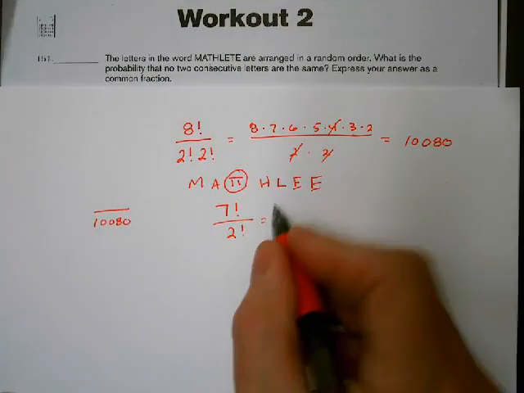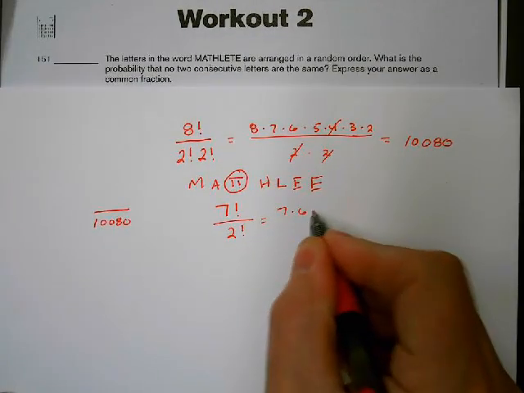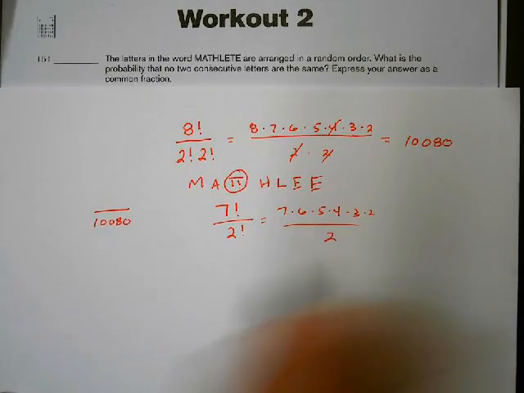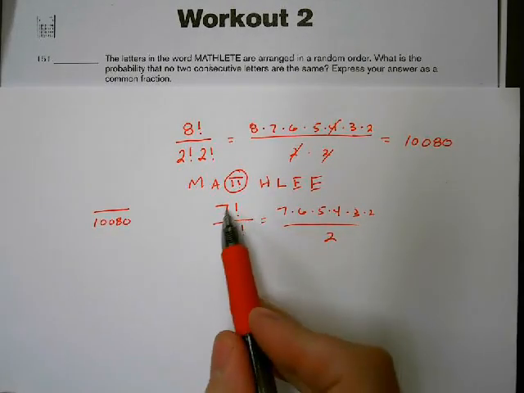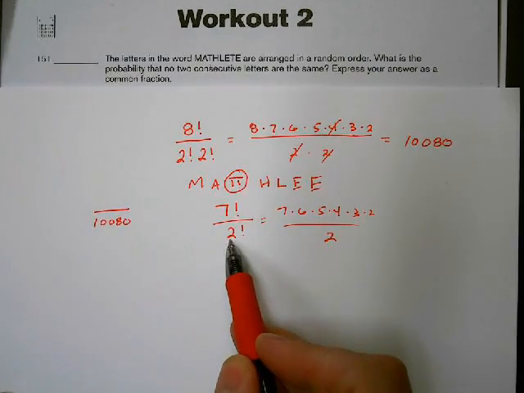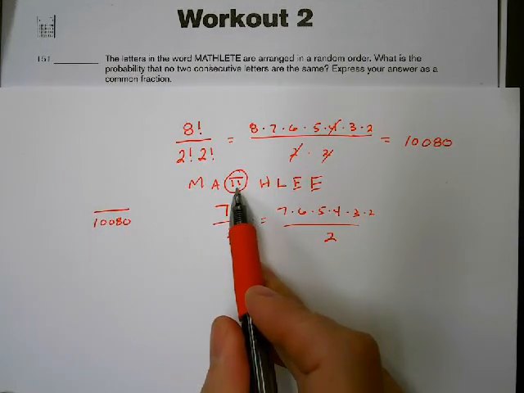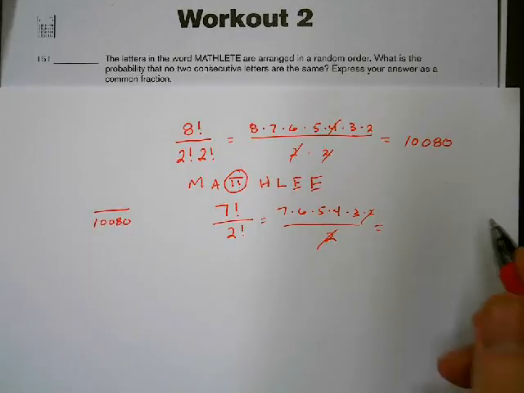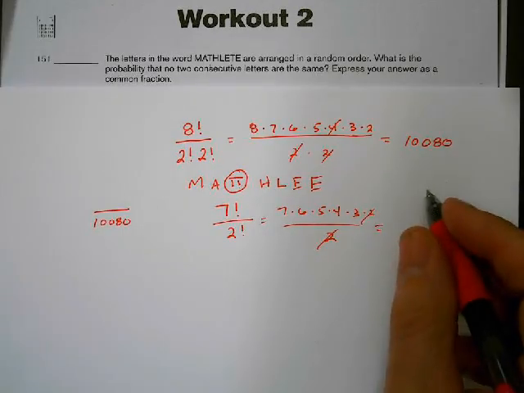So this is 7 times 6 times 5 times 4 times 3 times 2, divided by 2. So there are 7 factorial divided by 2 ways where these 2 T's are next to each other, which is what we don't want to happen. Canceling this out, I used my calculator earlier, it's 2,520.